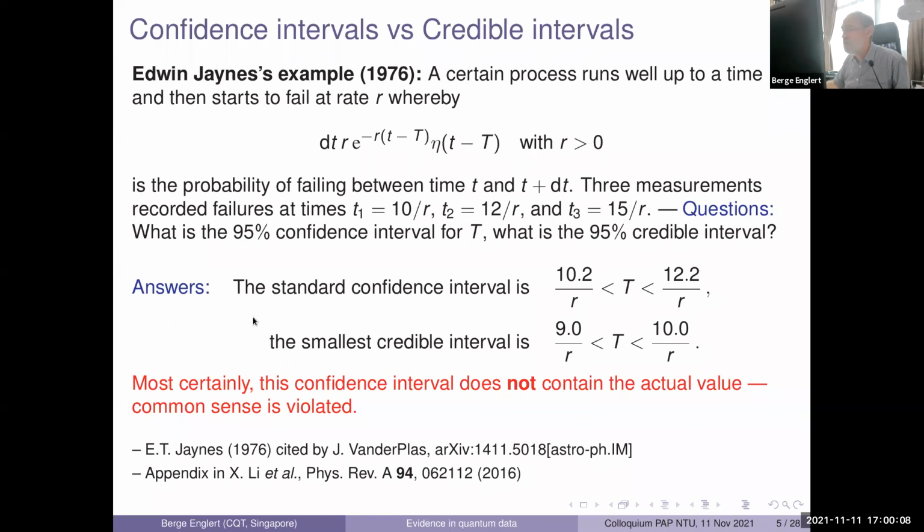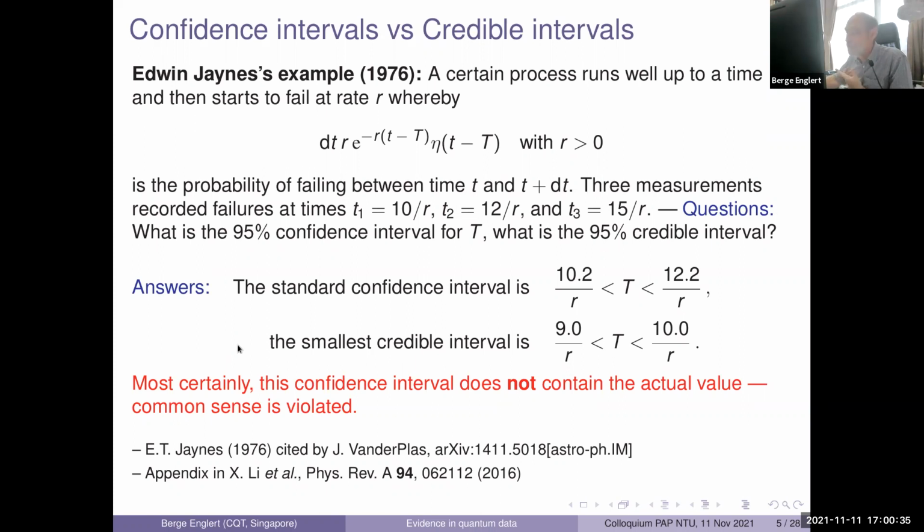So you may actually be misled into believing that if you have a confidence interval of 95%, you can be confident that the true value is inside with a confidence of 95%. But that's not what these intervals mean. So it's a conceptual issue, really, more than a calculational issue.